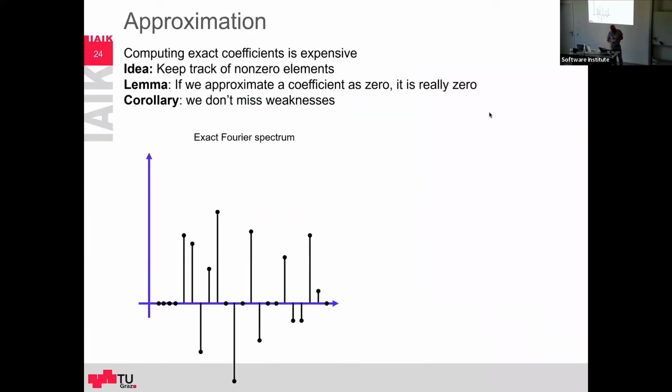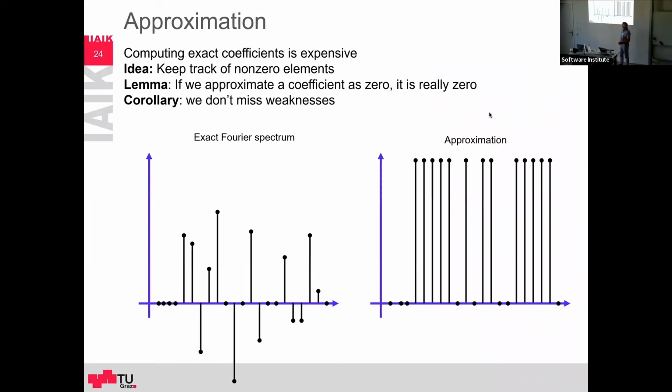So you have to do some abstraction. There are lots of things to say about that, but the abstraction that we're going to do is we're going to say, well, a coefficient can be either 0 or non-zero. Let's say these are the exact coefficients. I'm going to abstract them all to 0 or 1, and any non-zero coefficient becomes 1 here. The nasty thing that happens when we do that is that we're going to be imprecise.